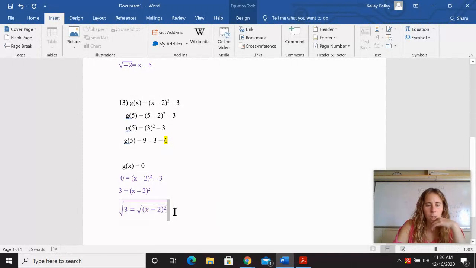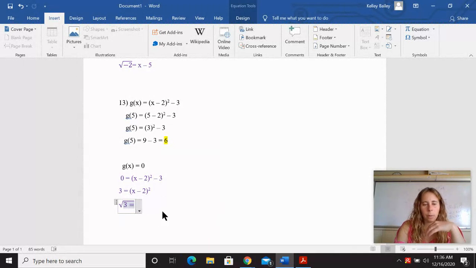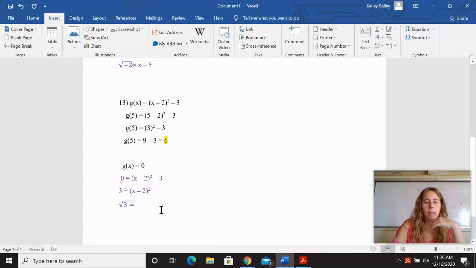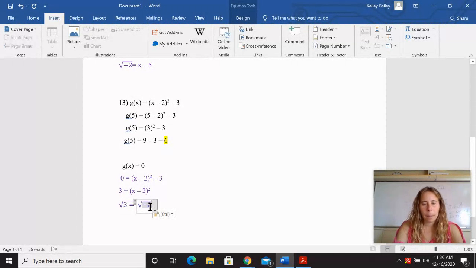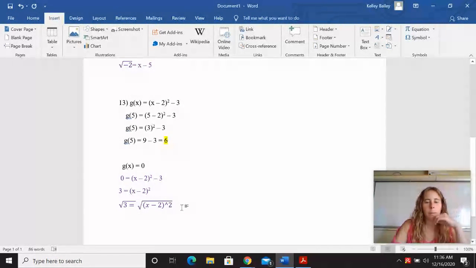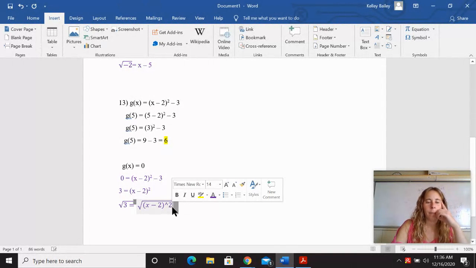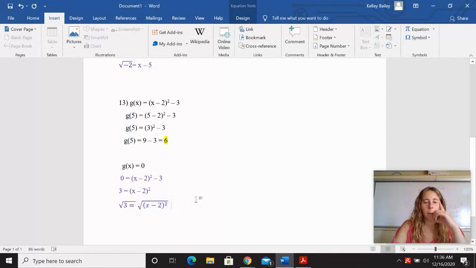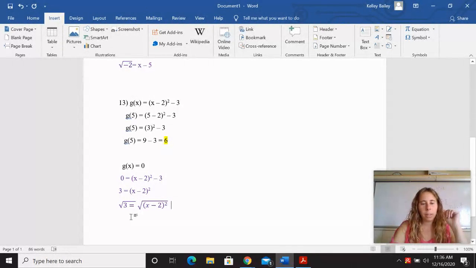No. Just erase what's inside. I'm not taking the square root of the square root. Okay. Not bad. So then x minus 2. There we go. Square root of 3 equals the square root of (x minus 2) squared.